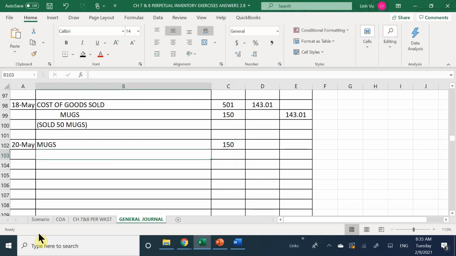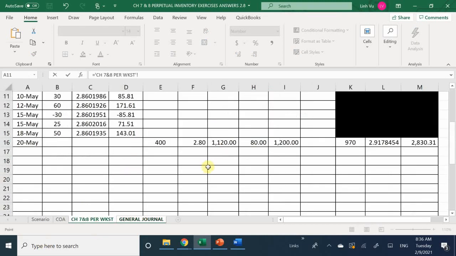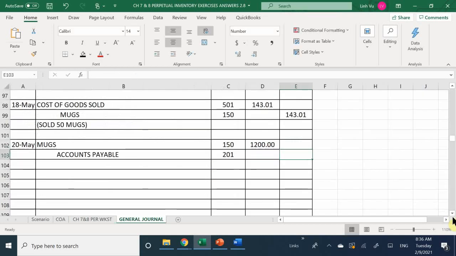And what is going to be my credit account? Accounts payable, which is 201. And from my calculations from my inventory worksheet, I know that it should have been a grand total of 1200.